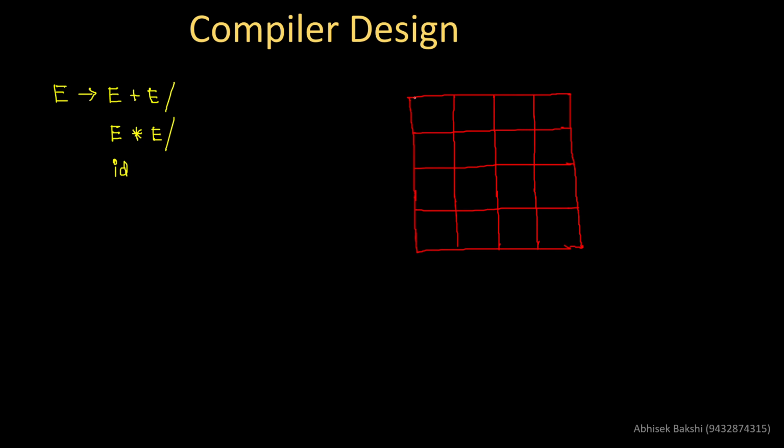These are representing your ID, this is say plus, this is say star, and this is dollar. On this side also ID, plus, star, dollar, in the same order you have to write.